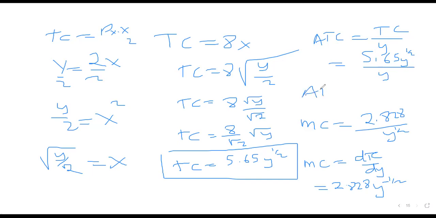The indices are subtracting, so half minus 1. The final answer here will simply be 5.65 y to the power negative half. This is how we find our average total cost.